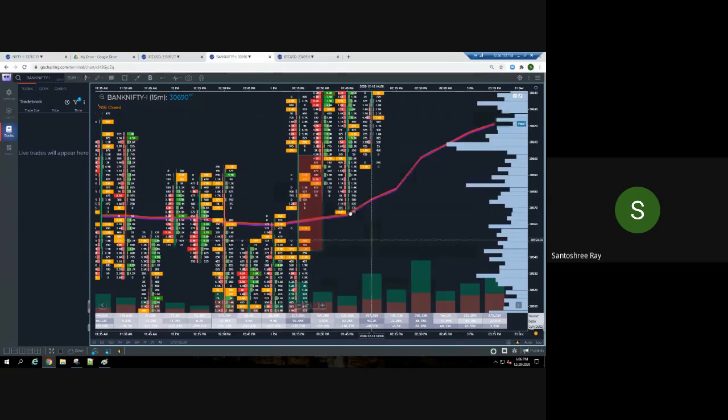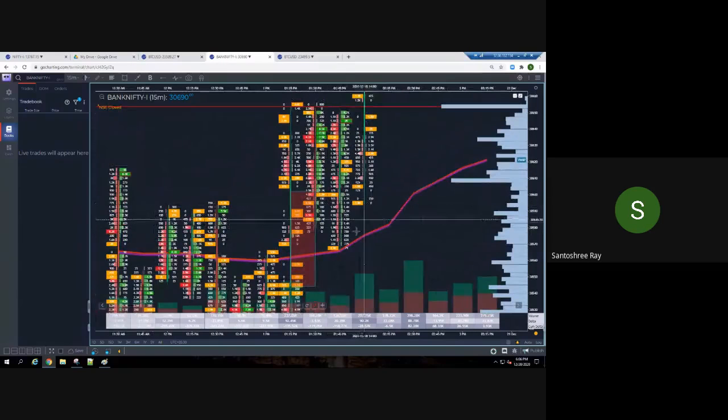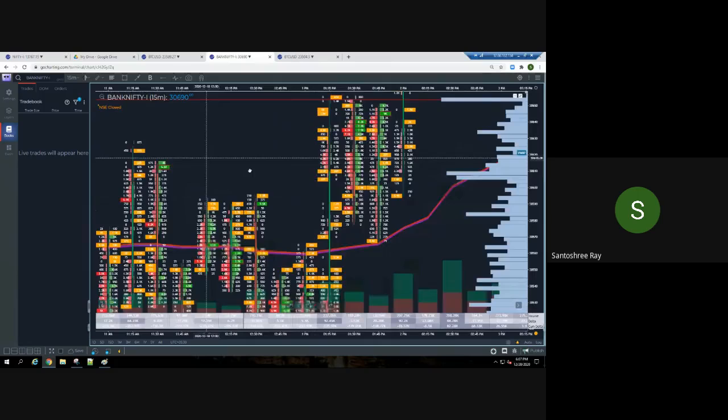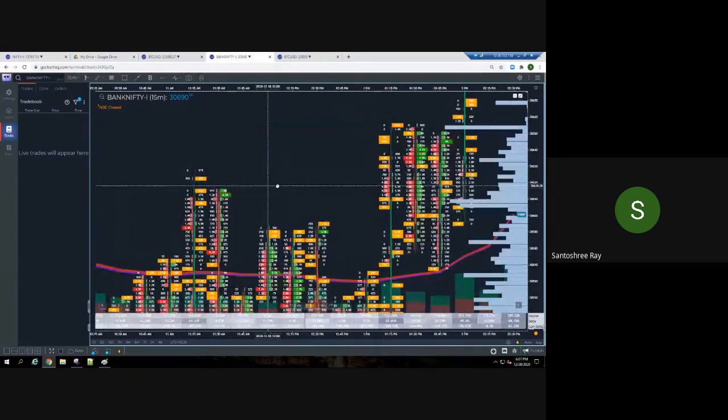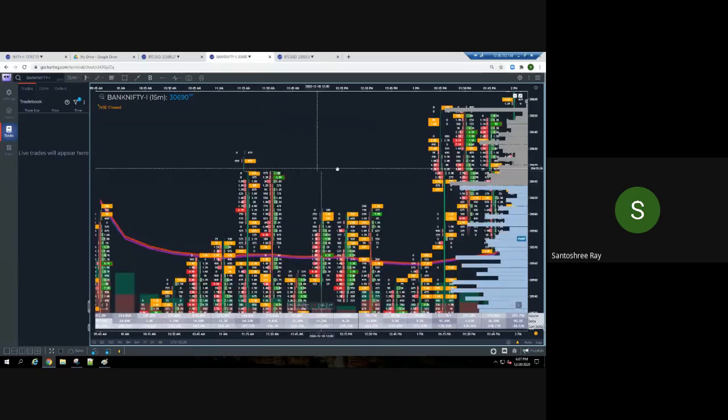At the next levels we started getting volume here, and what is a good confluence, you have it holding above the VWAP levels as well. So you look for a long side bias from here.